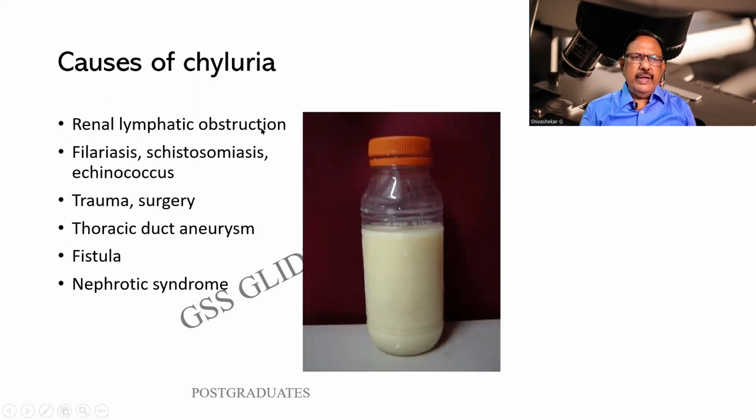It can happen in renal lymphatic obstruction, filariasis, schistosomiasis, any trauma or surgery where the lymphatic channels are damaged, thoracic duct aneurysm, fistula, nephrotics. So these are some of the differential diagnoses you people can have in mind. All chyluria need not be filariasis.